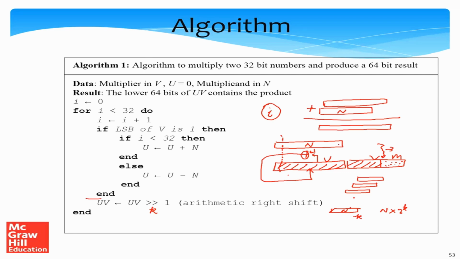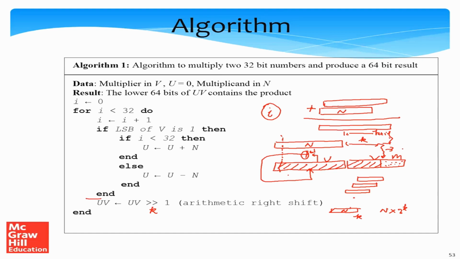So the multiplicand over here will first appear to be left shifted by k steps. In the subsequent step, once this boundary moves one step to the right, from this point the new multiplicand will look like it is shifted by k plus 1 steps to the left, and so on.